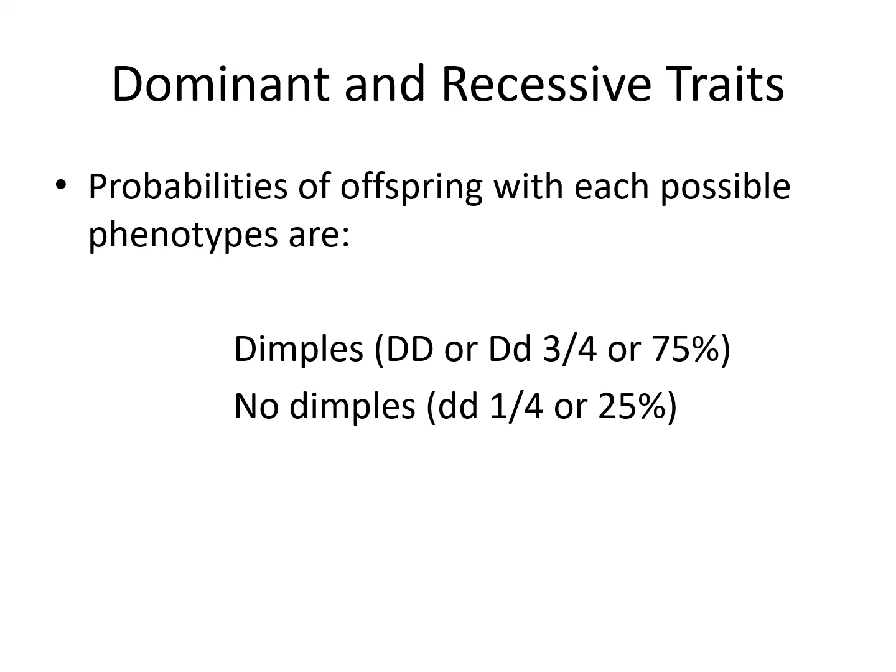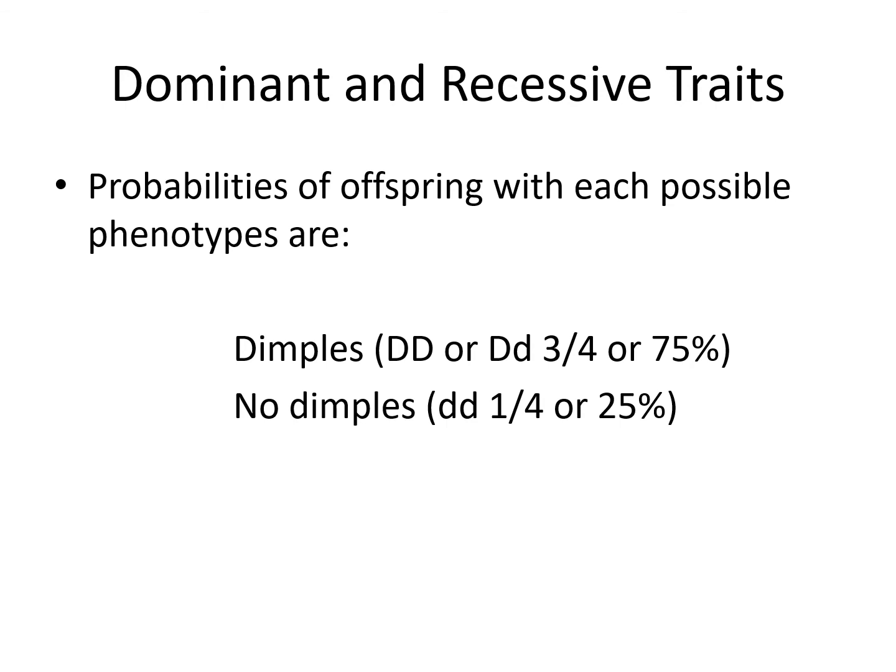How about the phenotypes? Now we can do the probabilities of the offspring with each possible phenotype. Remember that dimples is the dominant trait. Okay, so it's going to mask the recessive trait. So regardless if they're homozygous dominant or heterozygous, they will have dimples. So we can put these together.